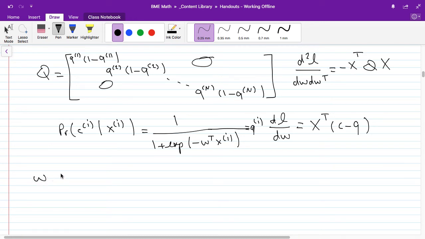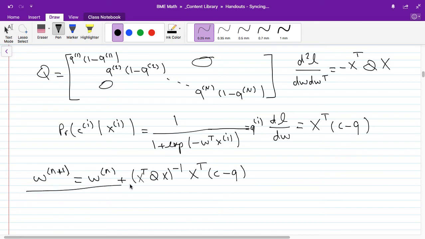So given that we have the second derivative, now we have our learning rule that says your W should be updated based on (X transpose Q X) to the minus 1, the inverse of the second derivative, times the first derivative, (C minus Q).